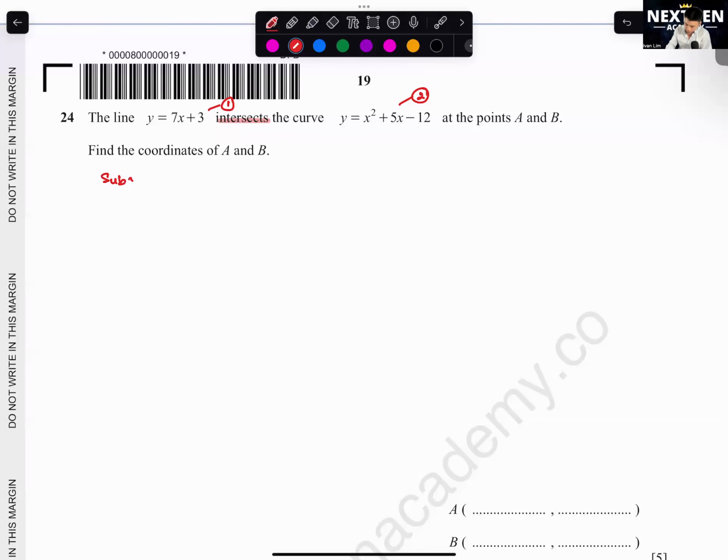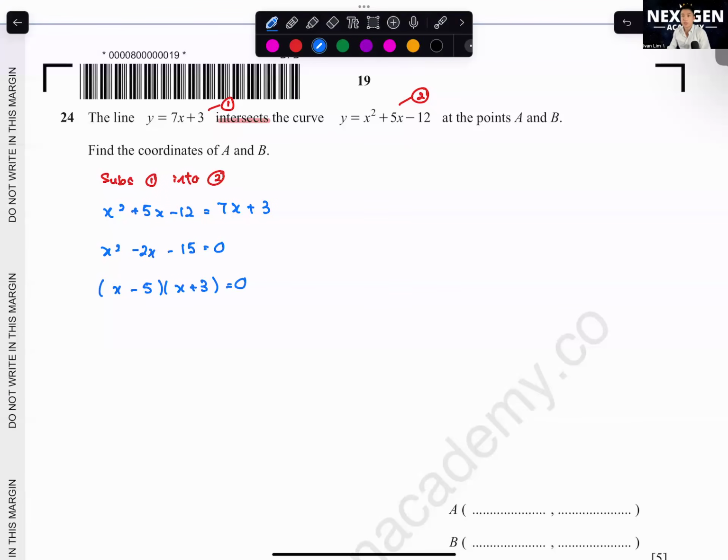We're going to sub 1 into 2 or 2 into 1. x squared plus 5x minus 12 equals 7x plus 3. Shift all to one side. x squared minus 2x minus 15 equals 0. x minus 5, x plus 3.